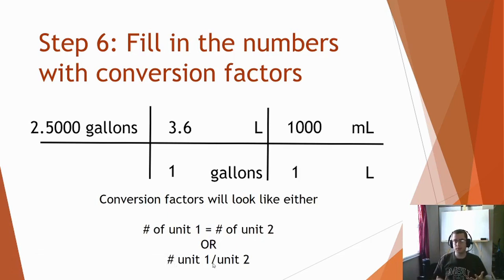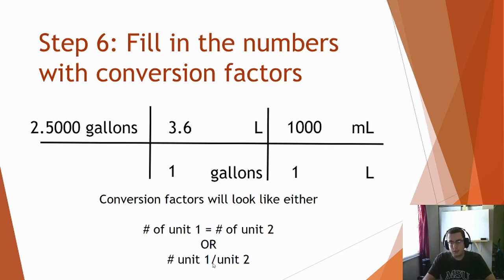So let's say we're looking at miles per hour because that's a unit that we use basically every day. Anytime you get into the car, you're keeping track of your miles per hour. So if you're going 35 miles per hour, that means that the number of unit 1 is going to be 35 miles per every 1 hour.